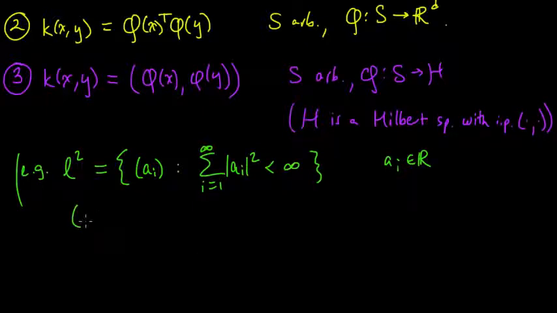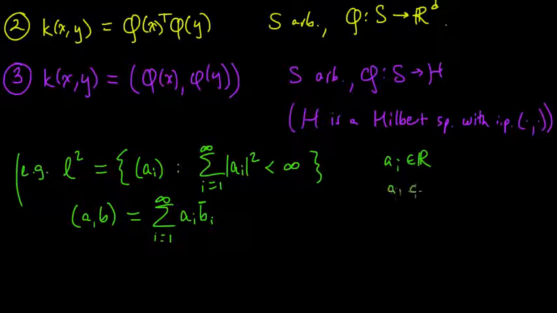And the inner product on little l2 is the infinite sum of a_i b_i. If it's real valued, it's just this. And if it's complex valued, if these a_i are in the complex numbers, then you put the complex conjugate over b_i, but not over a_i. So this is the inner product.